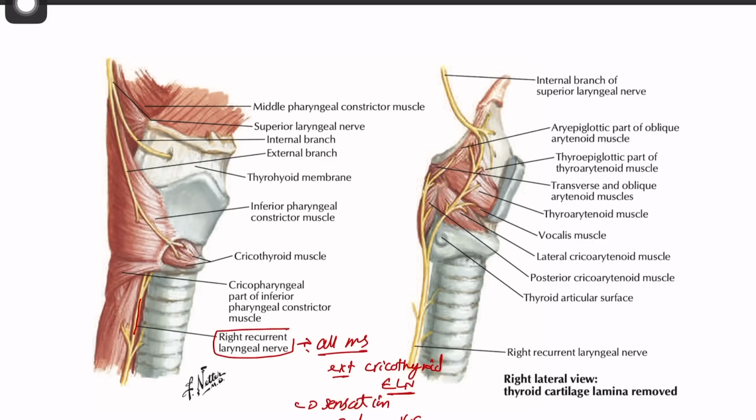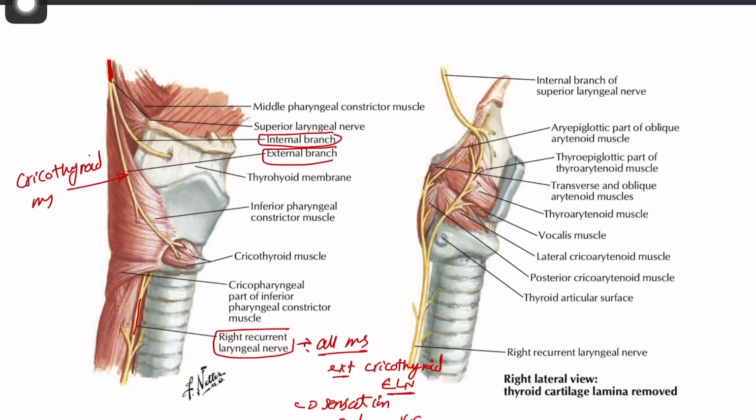Okay, on the other side, so this is the recurrent laryngeal nerve. On the other side, if you remember, we mentioned the superior laryngeal nerve, which is this one, and it gives the internal laryngeal nerve, this is the internal branch, and the external laryngeal nerve, this is the external branch. So the external laryngeal nerve, we mentioned that it supplied the cricothyroid muscle.